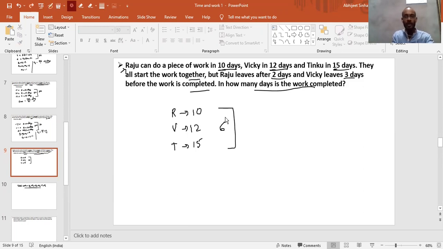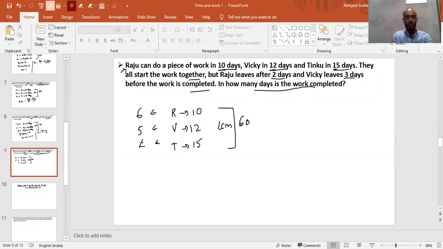So what will be the efficiency of these three people? Everyone should write, and in this order, RVT. So 654, 60 is the LCM. Yes, 654. Okay, okay. Some more answers. Yes, Sankalp also said 654. Very good. Some more. Definitely. We'll divide it, we'll get here 6.